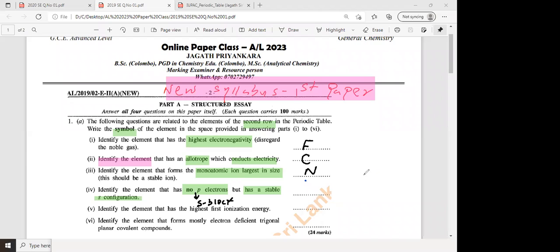Lithium is s1, which is not stable. Then beryllium is s2, and the beryllium configuration is more stable than lithium. So the answer will be beryllium, Be. Very good, all of you are correct.